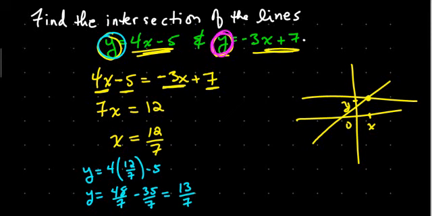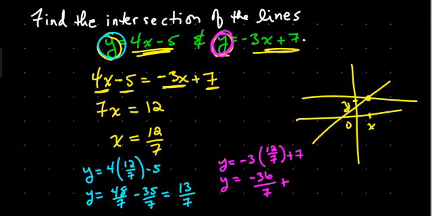Now let's plug it into the other one. Got purple, we'll say y is negative 3 times 12 sevenths plus 7. So y equals negative 36 over 7 plus, I've got a denominator of 7, so I need 49 sevenths.